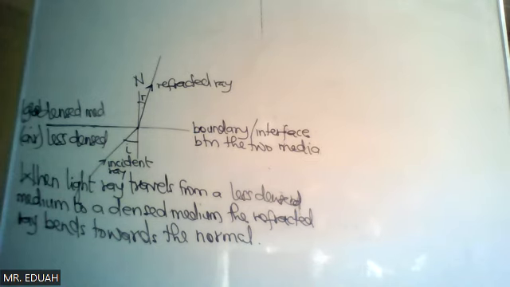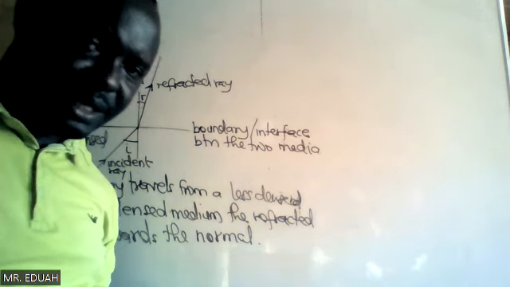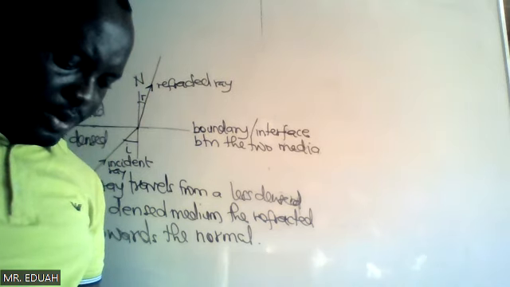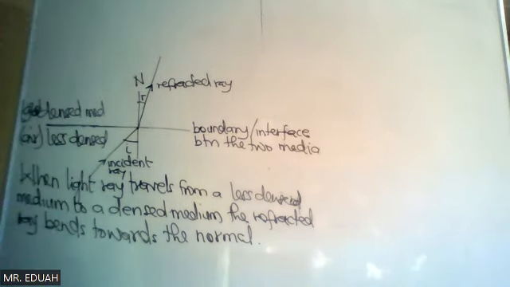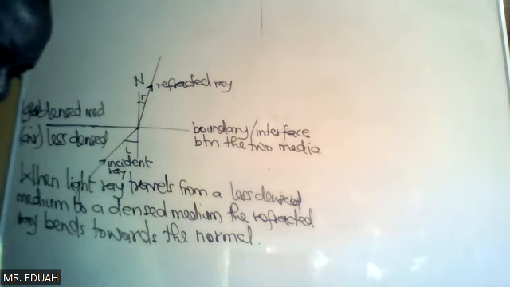Why? Yes, anybody? Why is the refracted ray bent towards the normal whenever it moves from a less dense medium to a dense medium?